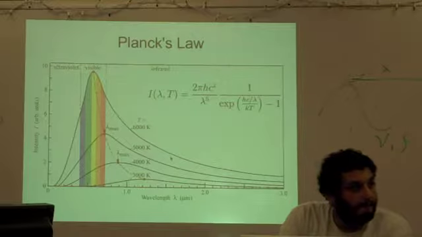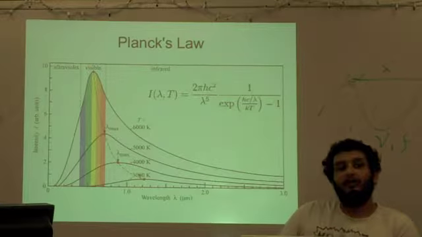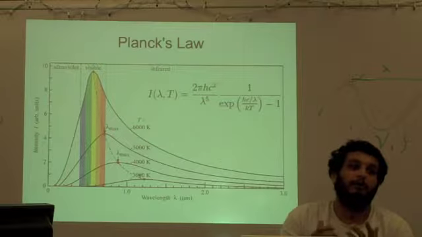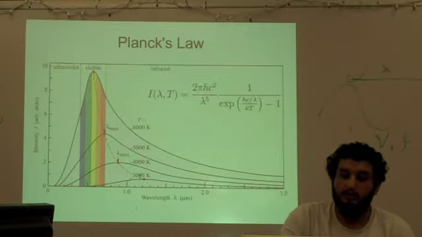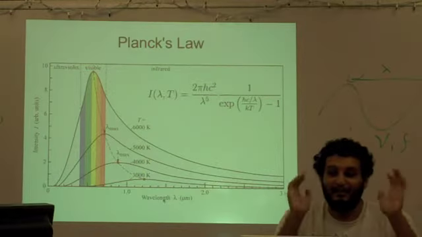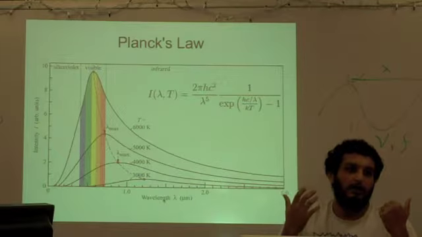Can you tell them what you mean by intensity? Can you tell them the units that we are measuring intensity? Yeah, so intensity is generally measured as ergs per second per centimeter squared per wavelength. It's complicated. Think of it as, you know what intensity means, kind of intuitively.